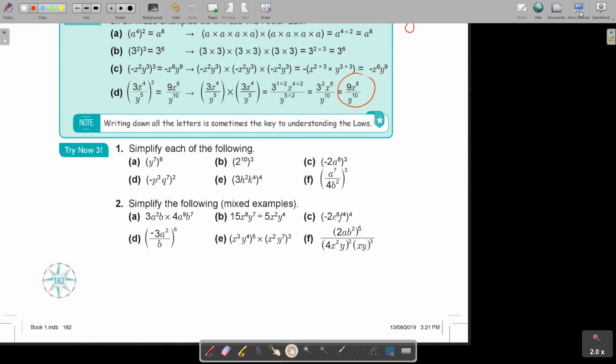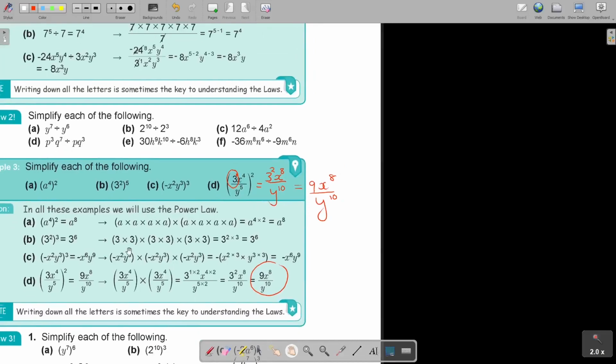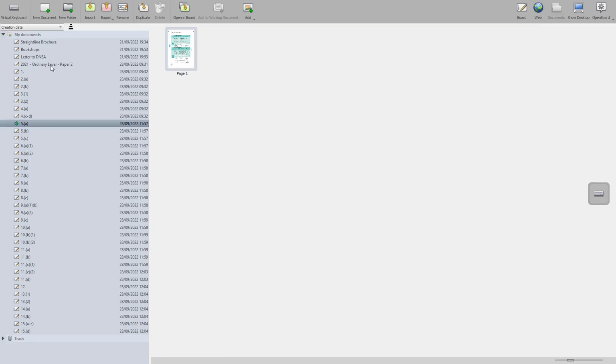But let's go back to the question paper, and then I want to show you also, I showed it here to you to do it the long way. And I think especially if that exponent on the outside, the index, is 2 or 3, I think to write it out and to make sure that you do it correctly, it's a good idea. Okay, so let's just go back to the question paper.